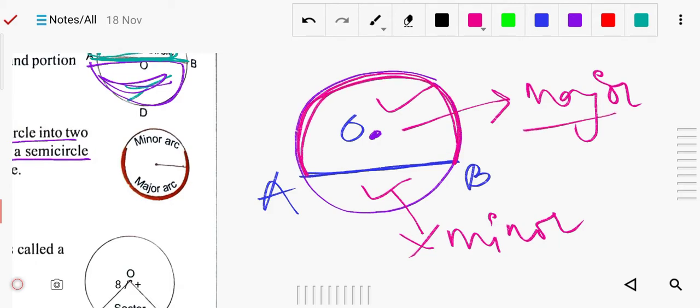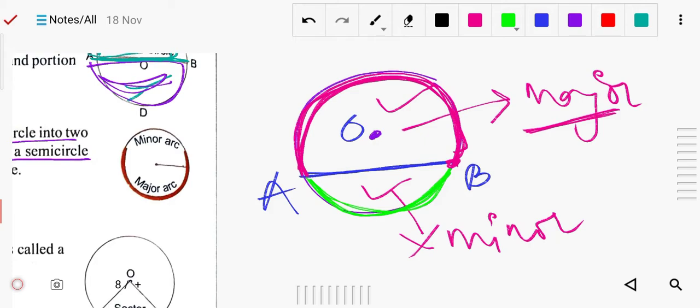This major segment has an arc also, this portion, so this is called the major arc because it is the greater arc. And here you can see it has the smaller arc, so this is called the minor arc. So this is about the major arc and the minor arc.